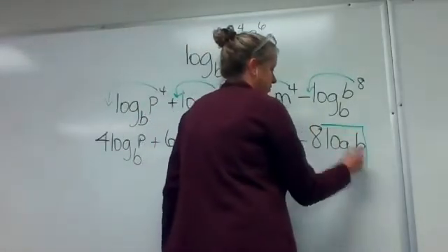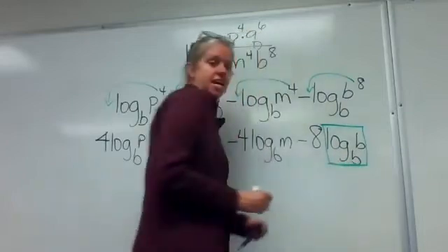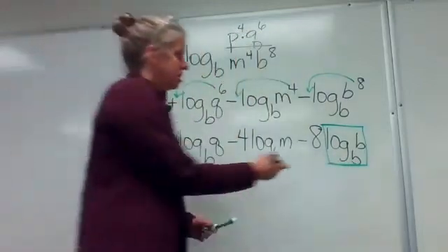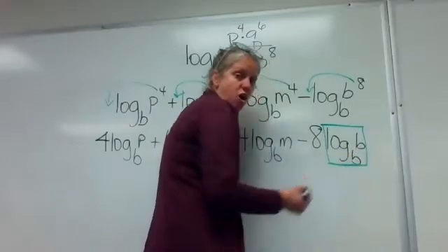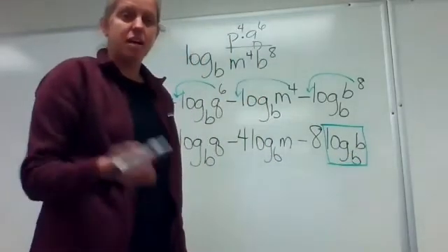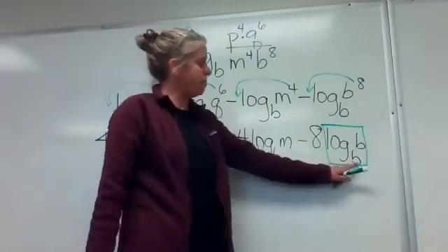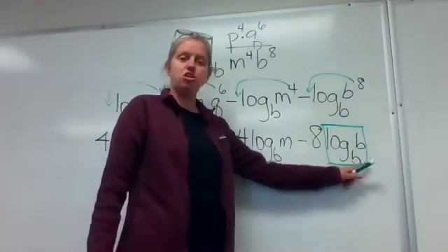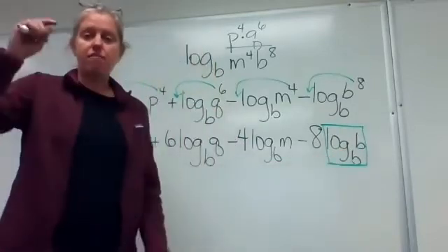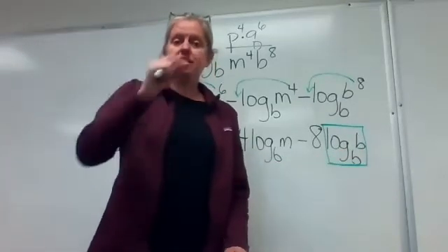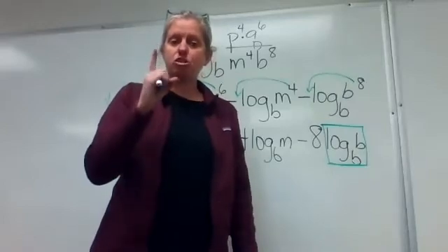Anytime the base of your log and what you're taking the log of are the same thing, what is that saying? That's saying, what power do I need to raise b to in order for it to be b? Well, if you have b and you want it to stay b, then you're going to raise it to the first power.